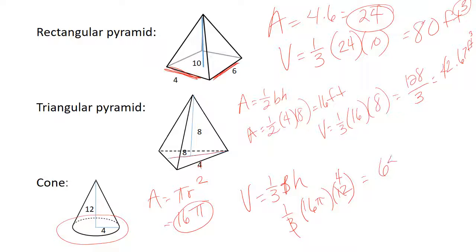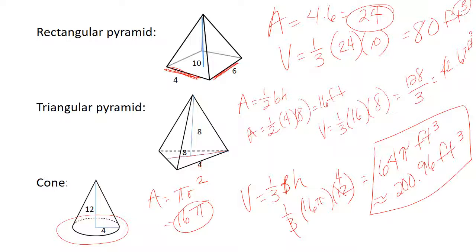So 64 pi would be my volume, which is approximately 200.96. And we would say this is feet cubed. Either of these answers would be acceptable because pi is acceptable for your answer.